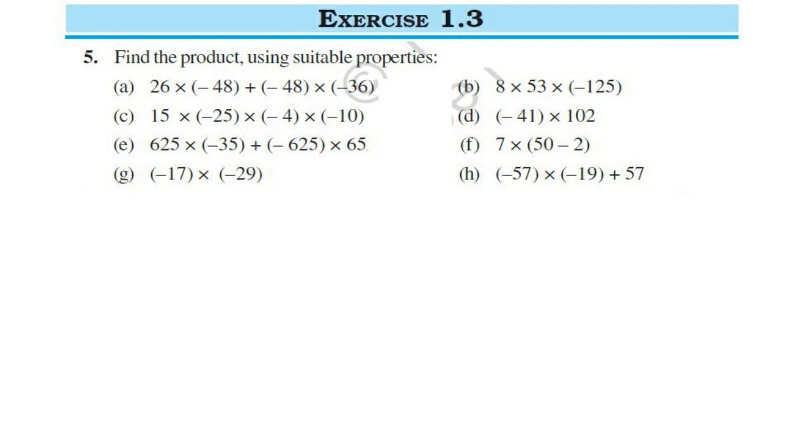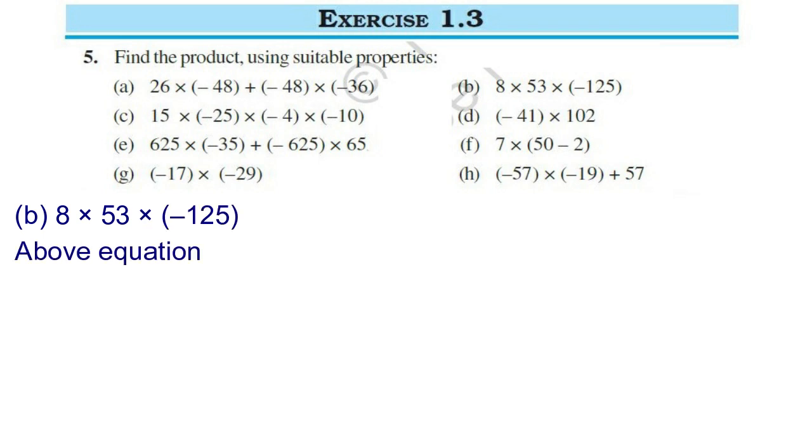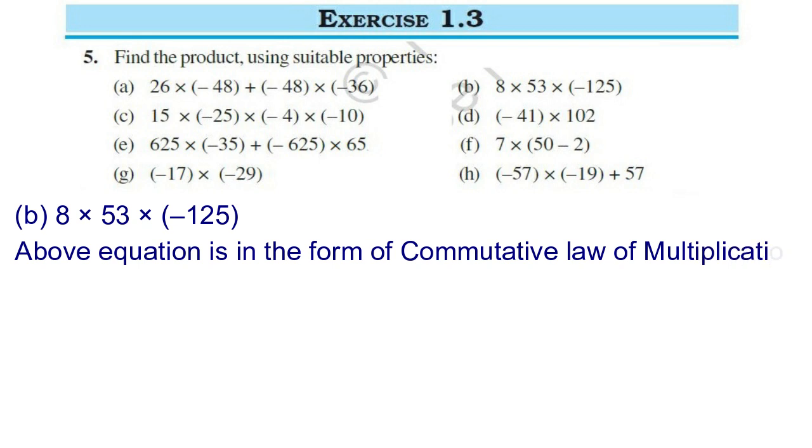Go to the problem number B. 8 into 53 into minus 125. The given equation is in the form of the commutative law of multiplication. First we arrange the numbers according to our choice. So first we multiply 8 into minus 125.